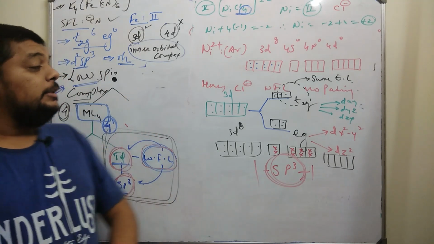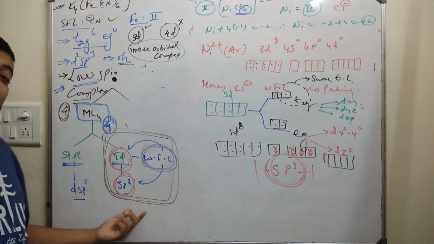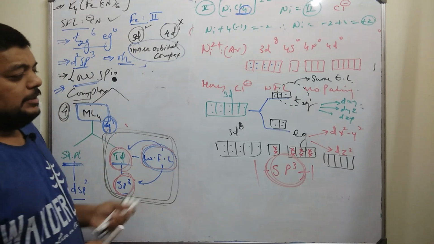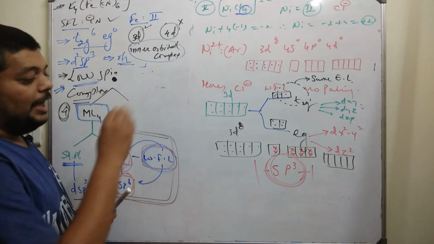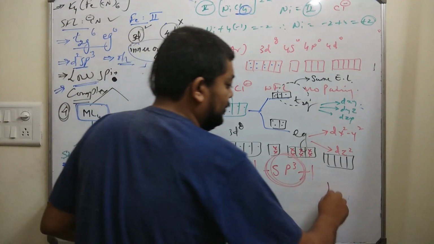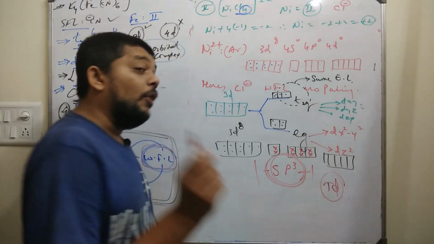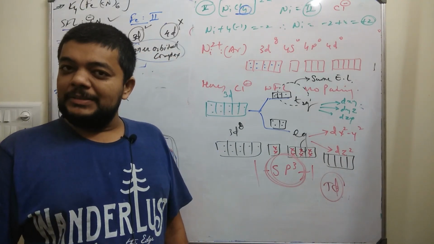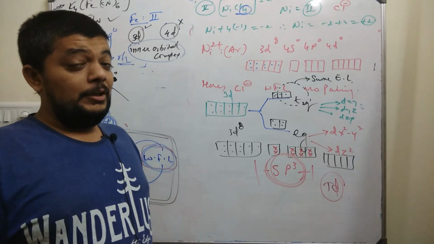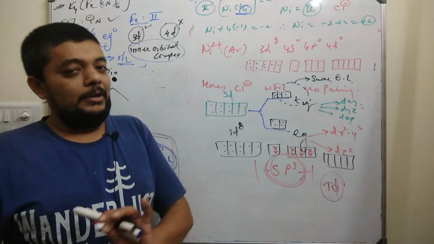It does not work in the ML4 category when it comes to the tetrahedral complex. So I will simply write it as a coordination compound or a complex salt having the hybridization sp3, having the geometry tetrahedral. I will not utter a single word that it's a high spin complex or a low spin complex. I will never speak it to be an inner orbital complex or an outer orbital complex.